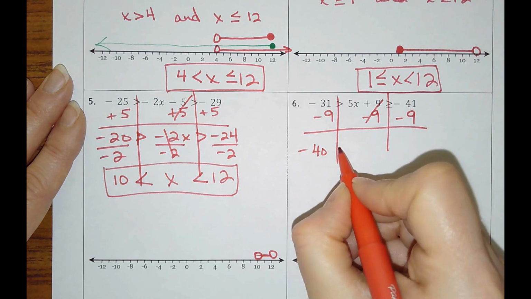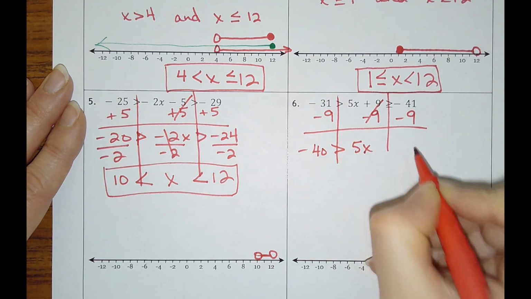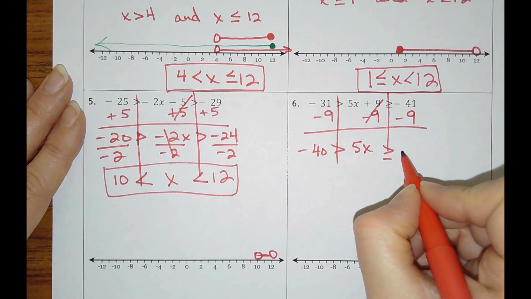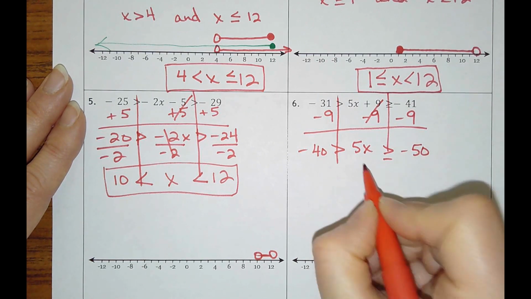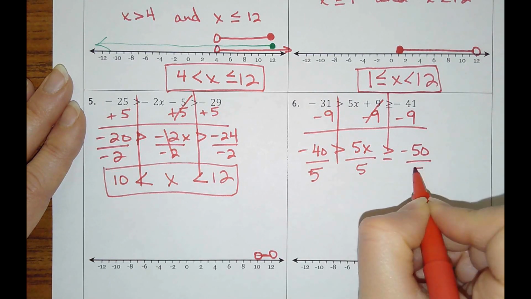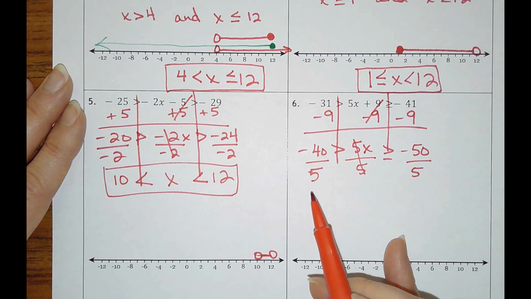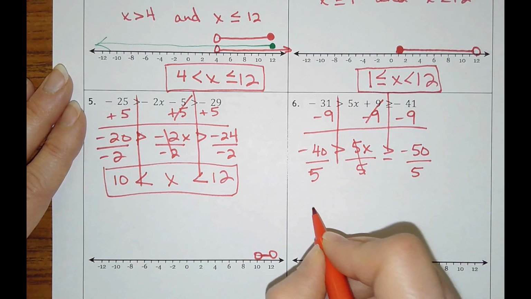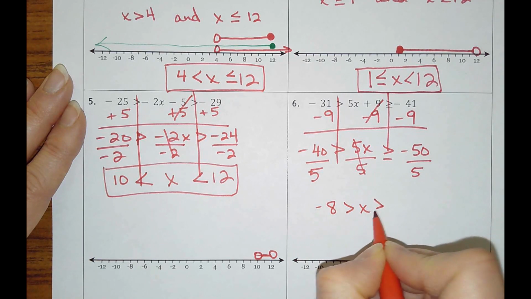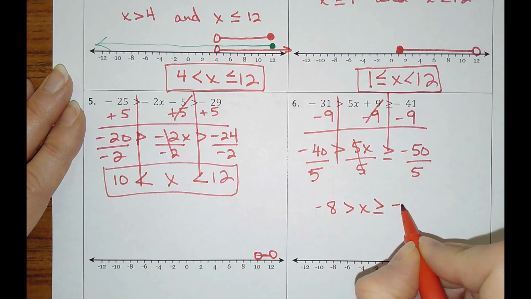Negative 40 is greater than 5x is greater than or equal to negative 50. Okay, divide by 5. Not going to flip the symbols, so I get negative 8 is greater than x is greater than or equal to negative 10.